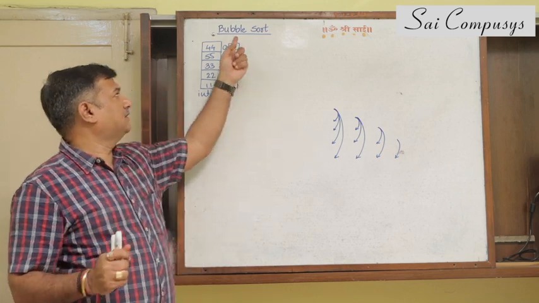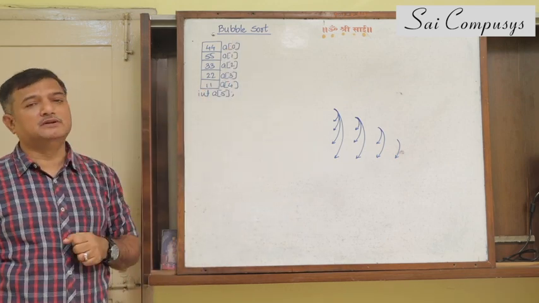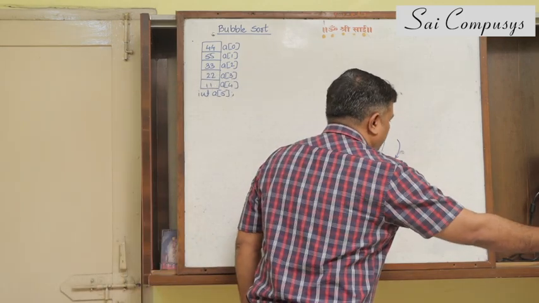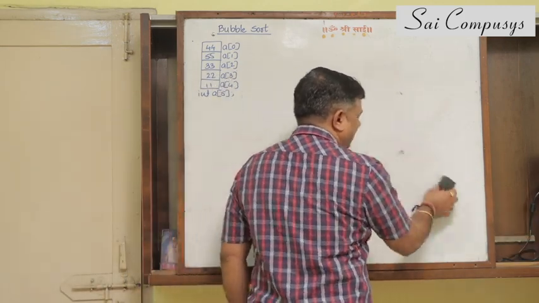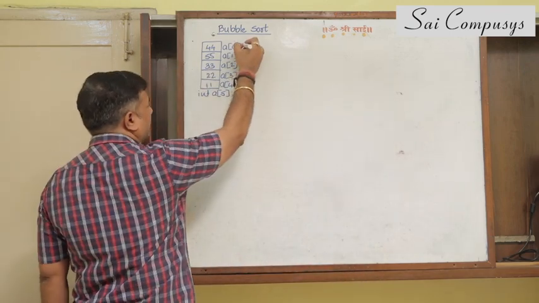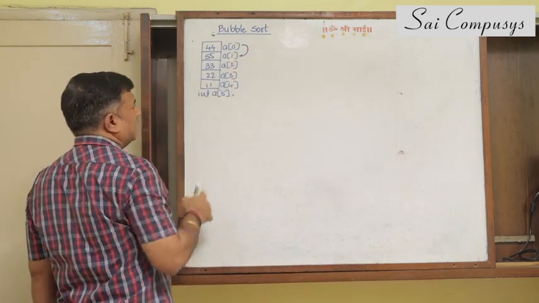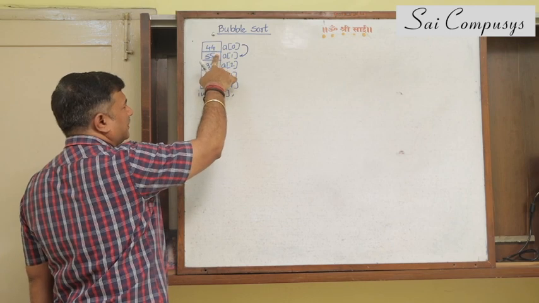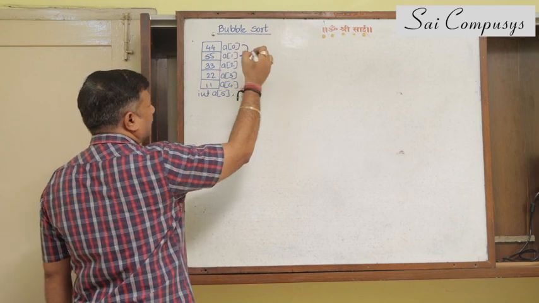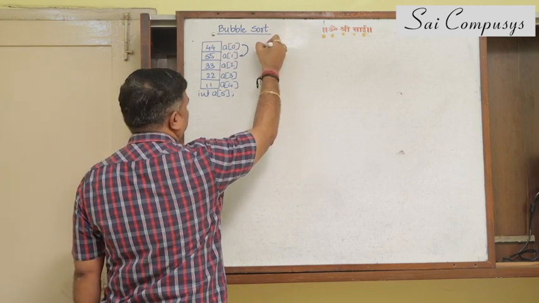Today we will see another sorting method that is called bubble sort. It's a very simple method. I'll be doing the same thing. I'll start by comparing A0 with A1. If the element A0 is greater than A1, then I have to interchange them. But 45 is not greater than 55, so I'll keep it as it is.